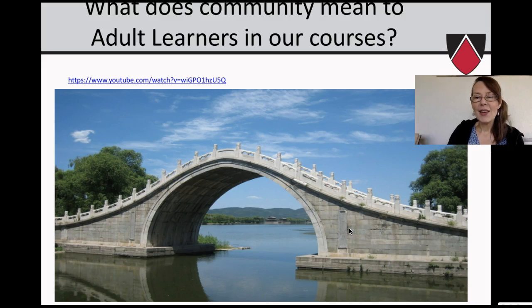So if you're assigning them to go and find a colleague or a potential mentor, giving them some ideas where they can find that person, and sitting down and asking that person for feedback on some aspect of their research, you're really building the community that they're going to be living in after they're done with the EdD program. And many online students appreciate those kinds of experiences.